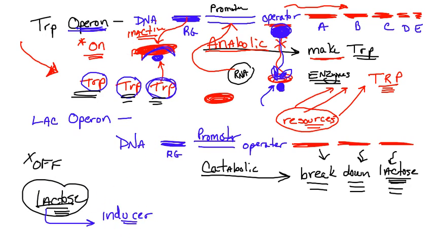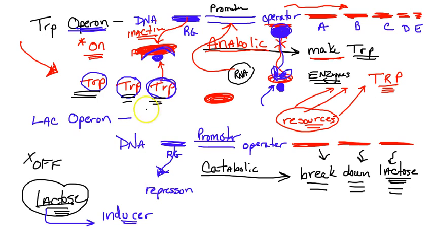So just like before, in the regulatory region upstream from the promoter, where we have the regulatory genes, we make a repressor protein.